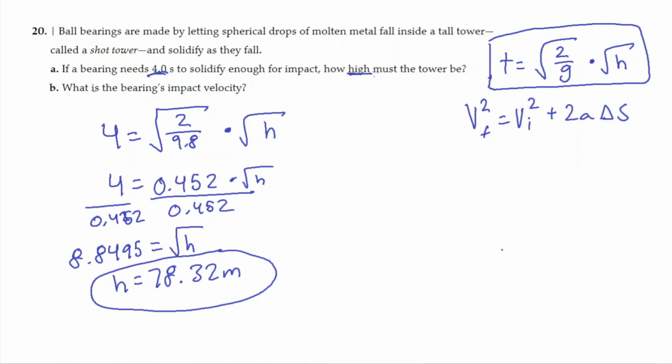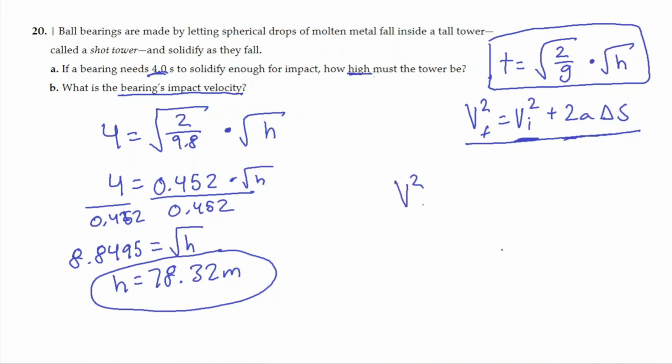Now we need to find part B: what is the bearing's impact velocity? For the impact velocity, we need to find the final velocity. The equation for final velocity is this one right here. It's the best one to use because we know the initial velocity, since free fall always starts at 0 meters per second, we know the free fall acceleration, and we just figured out delta S, which is our height.